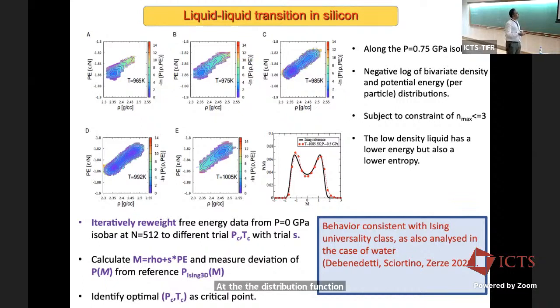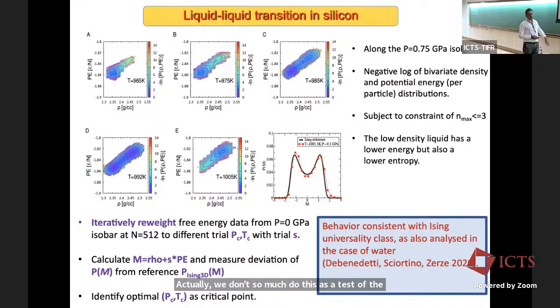Actually, we don't so much do this as a test of the Ising universality class as compare with an empirical distribution that has been proposed for the Ising universality class, to identify where our PC and TC is.